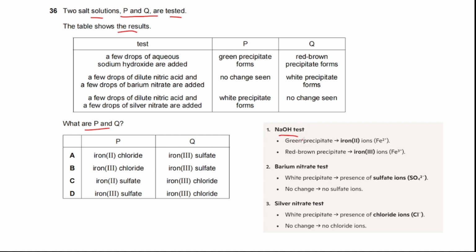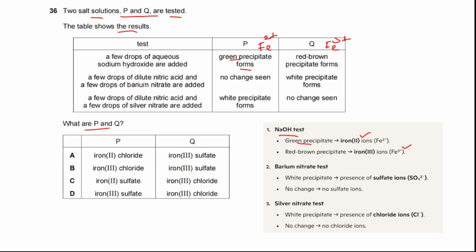When you add NaOH, you can find out whether the compound has Fe2 plus or Fe3 plus ions. Here, when you add a few drops of aqueous sodium hydroxide, you get a green precipitate for P. Green is for Fe2 plus. So this has Fe2 plus, and a red-brown precipitate is for Fe3 plus. So Q has Fe3 plus.